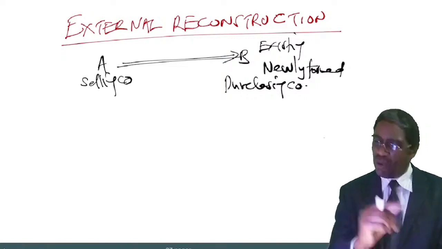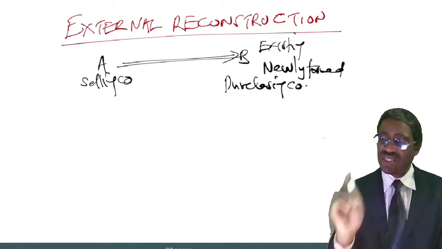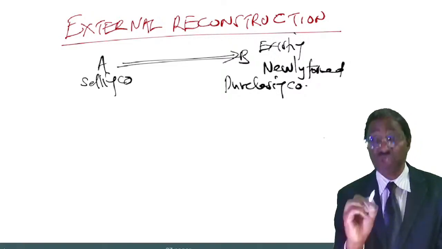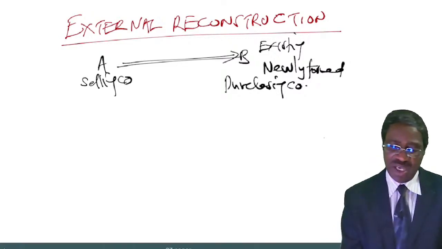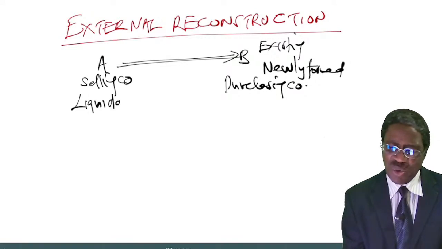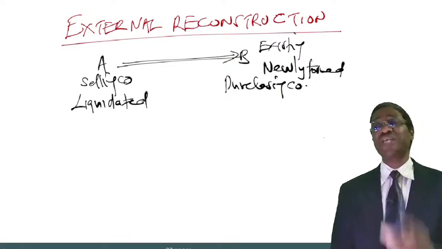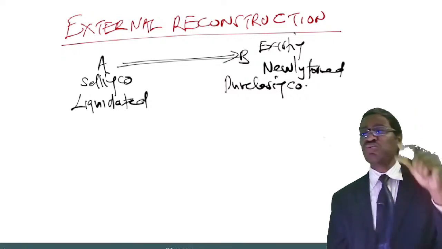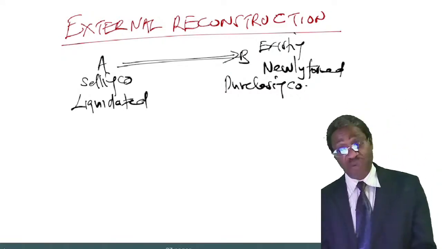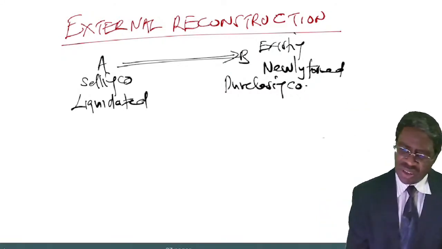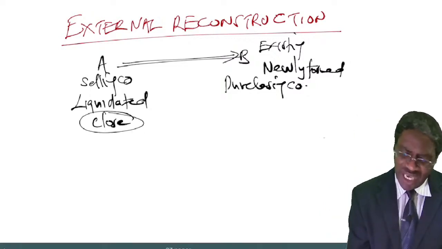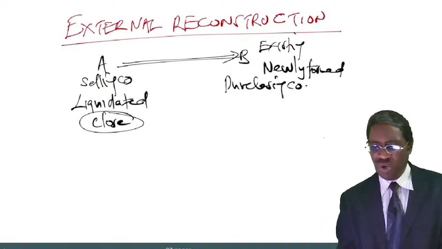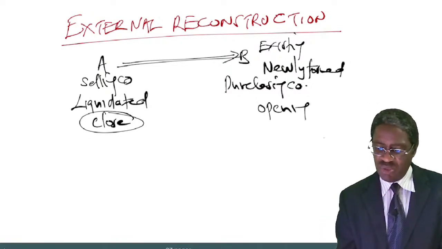Now, before we look at the accounting entries, listen, company A being the one being reconstructed, it is required that they must liquidate themselves. In other words, company A must be liquidated so that they sell their business to company B. In other words, we have to close the books of company A, and company B now will be required to open their books.